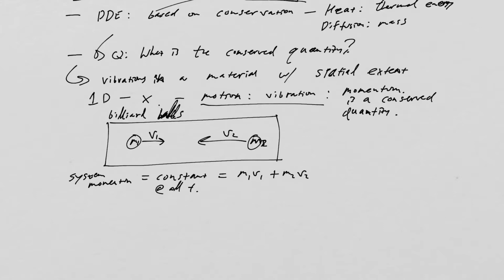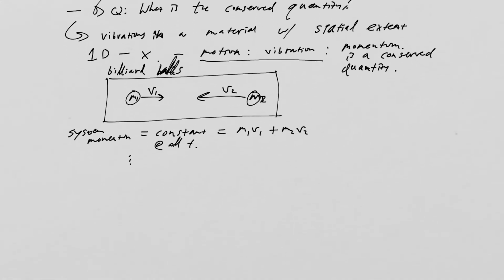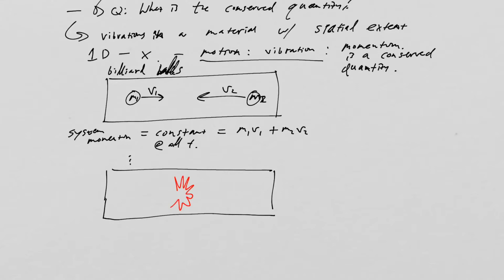All right, so later on, at some later time, if we check up on our system, there was probably a collision where the two balls collided, and perhaps then now you have m2 going in the other direction. It's going to have a new velocity, which we'll call w2, and m1 will have a new velocity called w1.